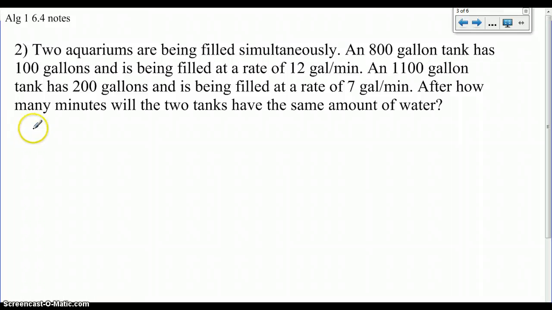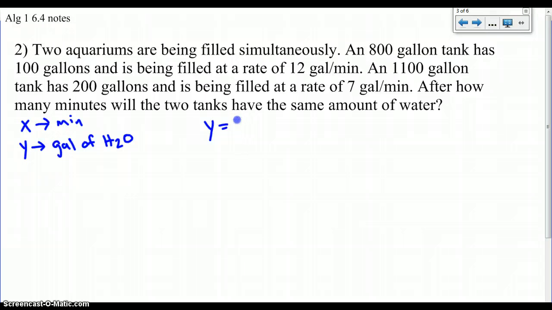We're going to go through the same process we went through last time, where we define our variables. I'm going to say x represents minutes and y represents gallons of water. Let's start with the 800-gallon tank first. How much water is in that tank?